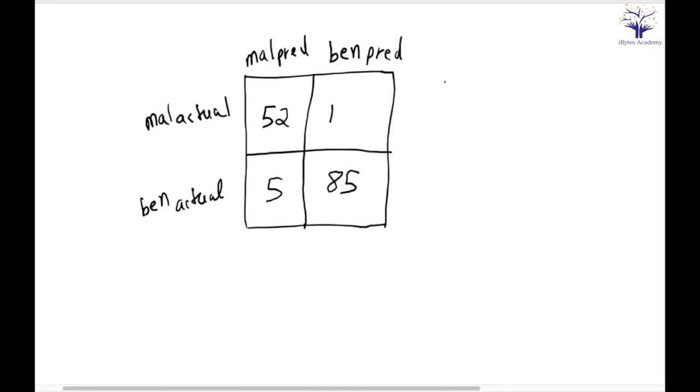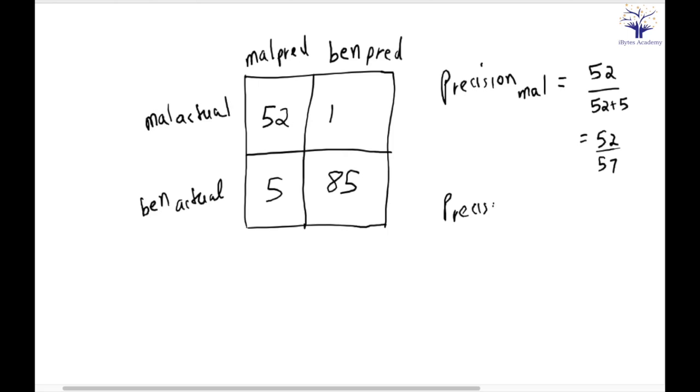Okay, so if I see precision for malignant, it should be 52 by 57, right? 52 upon 52 plus 5, it is 52 by 57. Right, because my model predicted 57 of them to be malignant, out of which it is correct in 52. Similarly, precision for benign will come out to be 85 upon 85 plus 1, that is 85 upon 86.